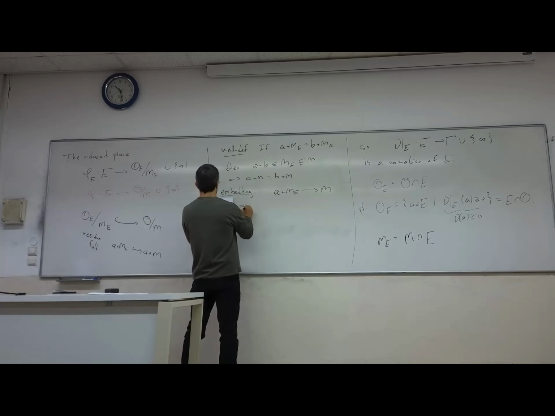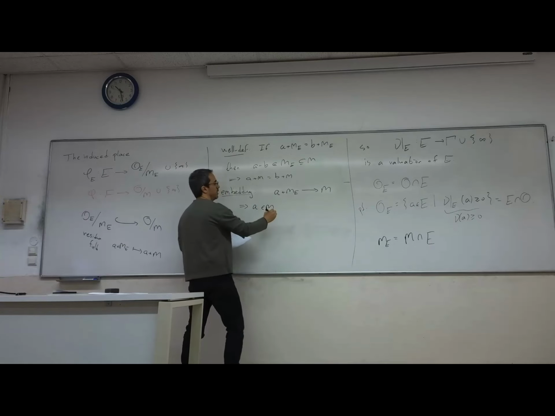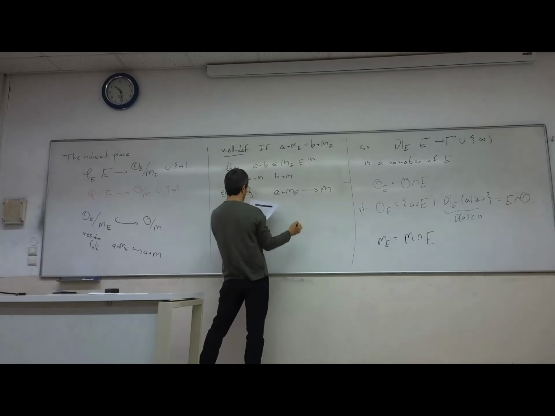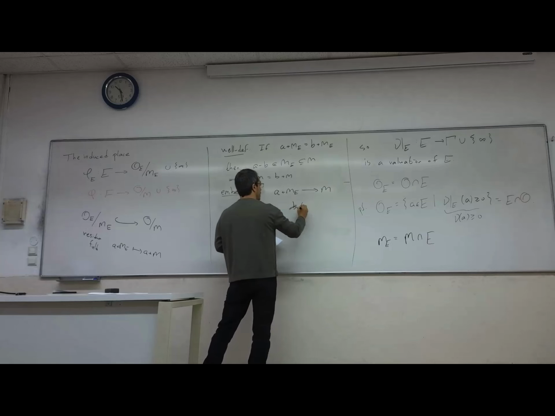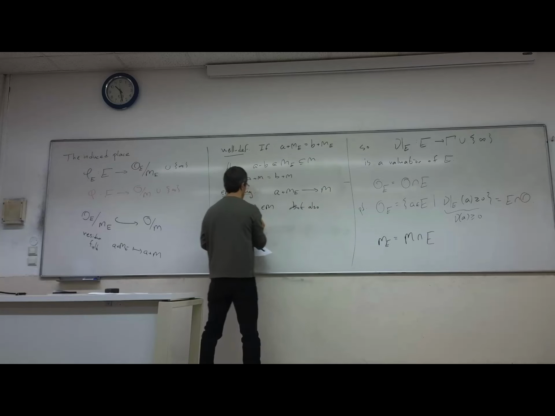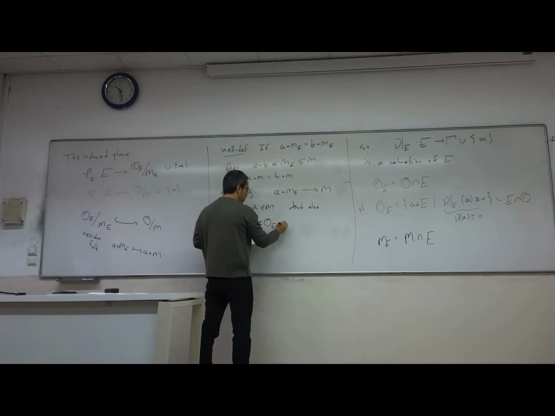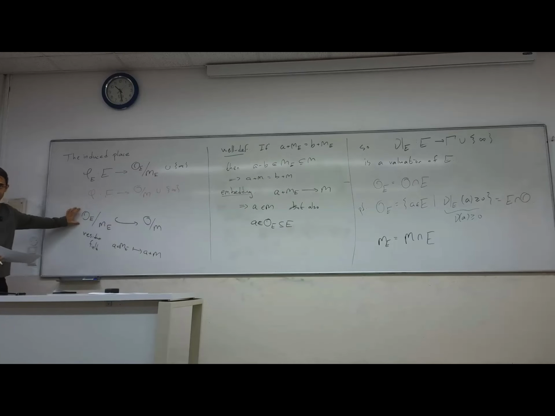Then A is in M, because it is mapped to A plus M, but if this is M, then A is in M. But also A is in O_E, which is a subset of E, because A comes from here.